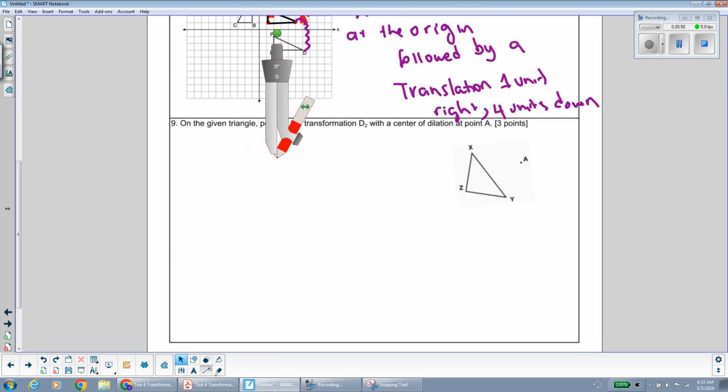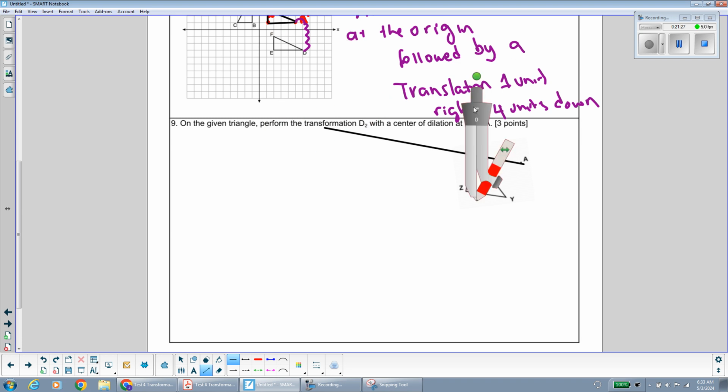Now remember that the center of dilation, the pre-image point, and the image point are all collinear. And when you have a scale factor that's greater than 1, when you're getting bigger, you're moving away from the center of dilation. So it shouldn't be on this side. You're going away from the center of dilation. You're increasing the distance between the center of dilation and the pre-image point. So you're making this distance more. So it's going to be over here.